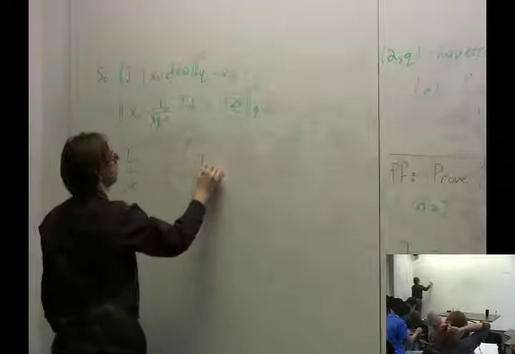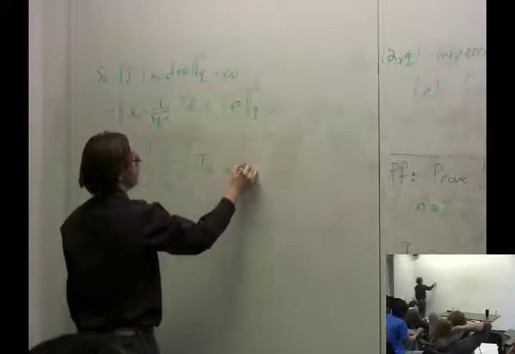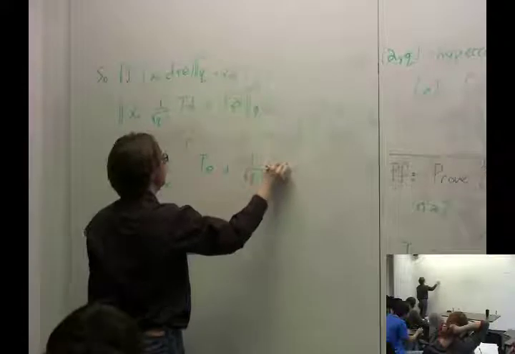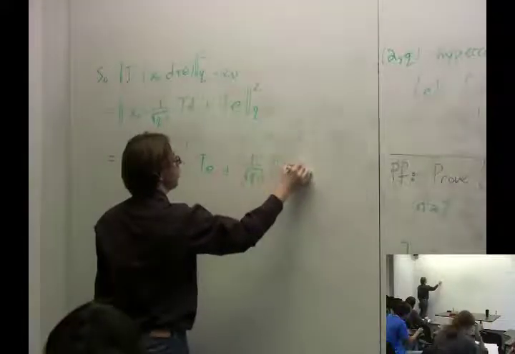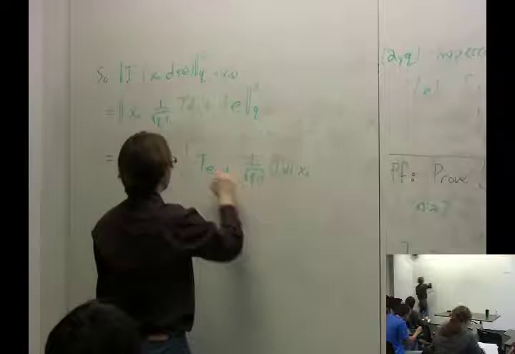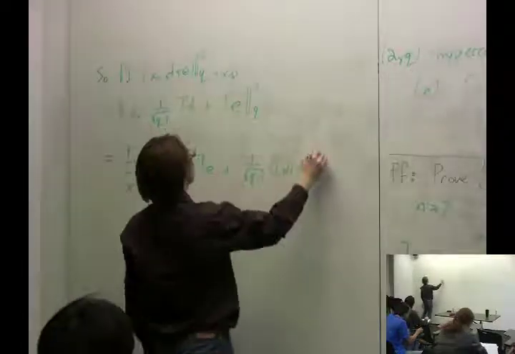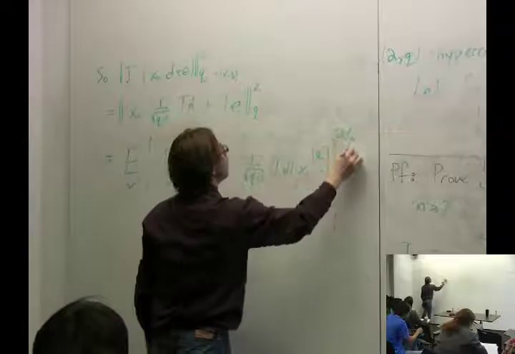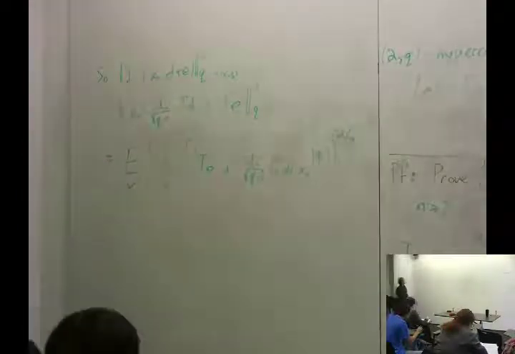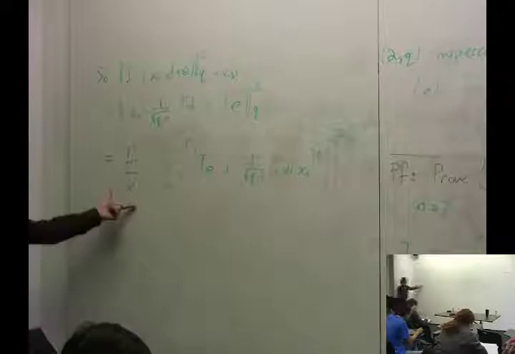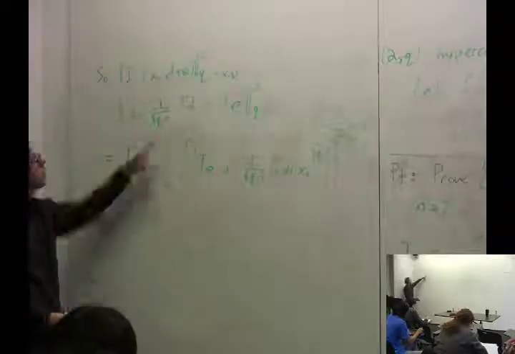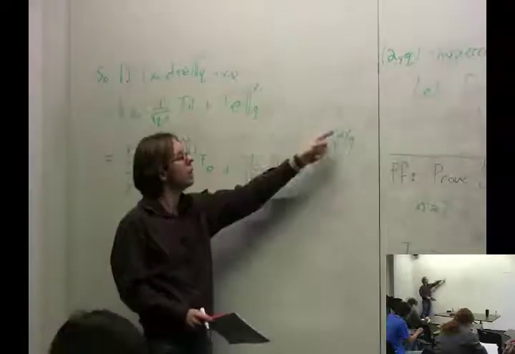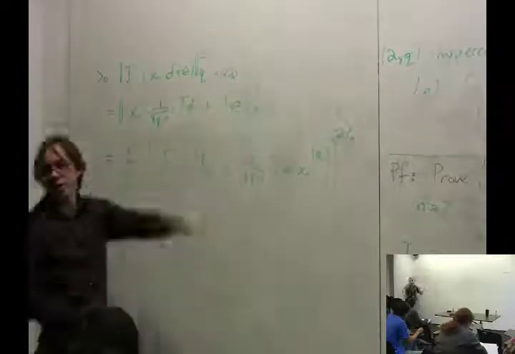So Te plus 1 over root q minus 1 times Td times xn, absolute value to the q, 2 over q. Okay, so I've just broken up the expectation into 2 things. This, in general, is the expectation of the function on the inside, absolute value to the q, to the 1 over q, and then I have a 2.